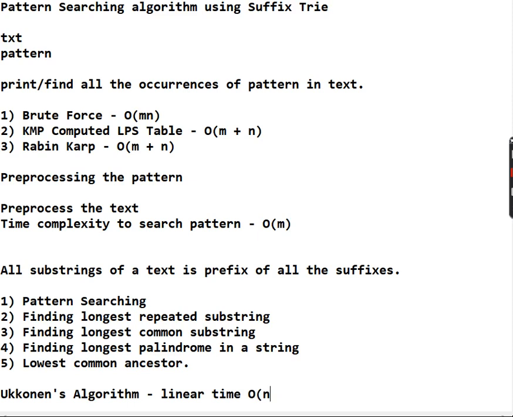So building it using Ukkonen's is O of n instead of O of n squared. It's very hard to implement Ukkonen's algorithm. Just mentioning it is good enough. The implementation is very hard for Ukkonen's.